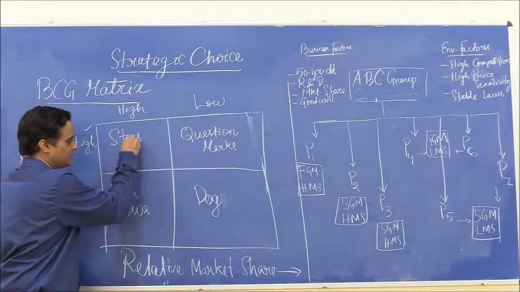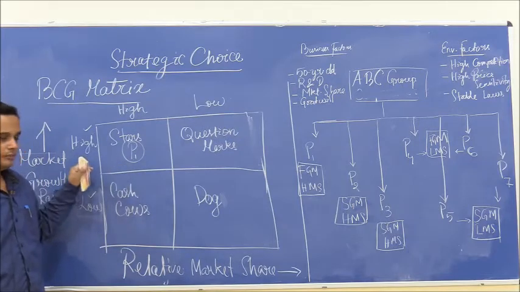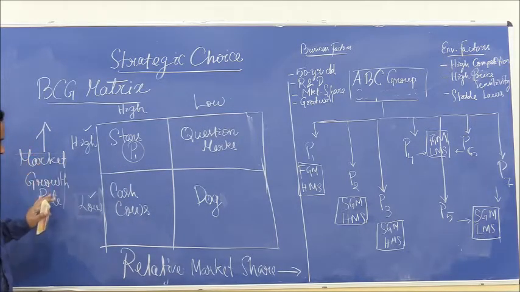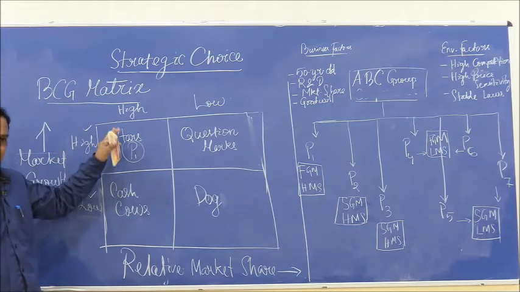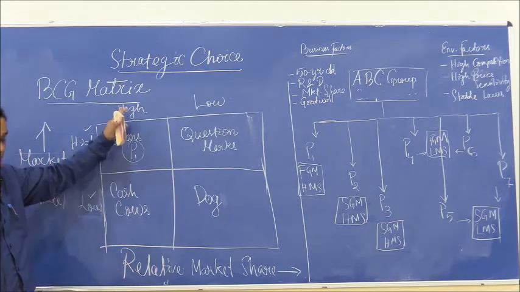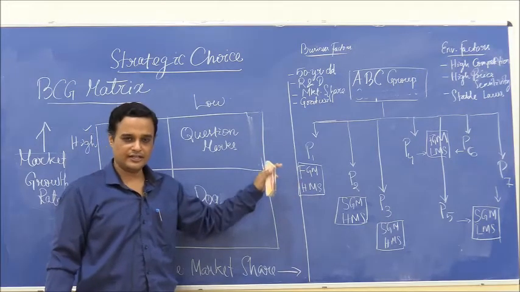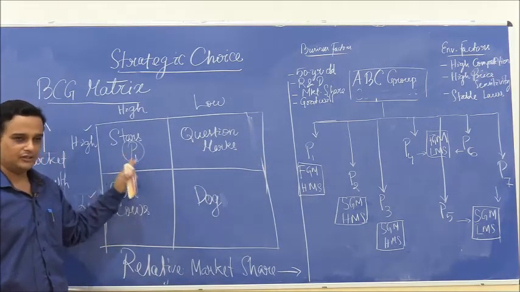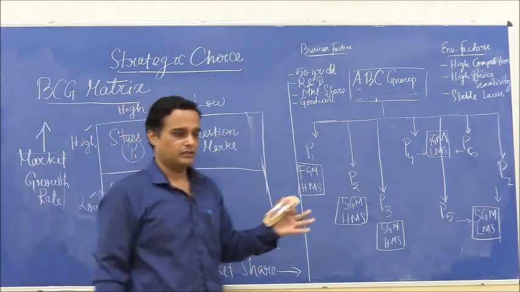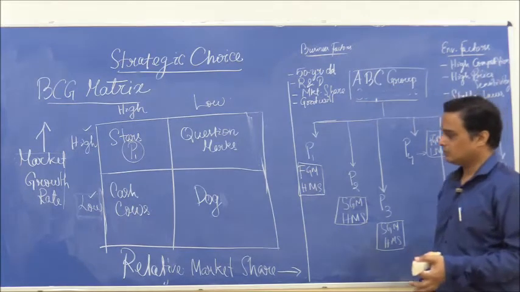P1 is considered to be a star product because it is operating in a fast growing market, a market which is growing at a fast rate. Its growth rate is pretty high, and inside that market it has a high relative market share. So, as this box indicates, it is a star performer or a star SBU or a star product or a star brand. Next, we will move to cash cows.